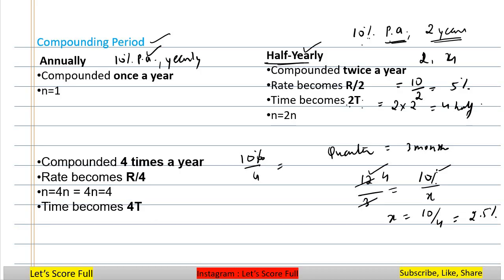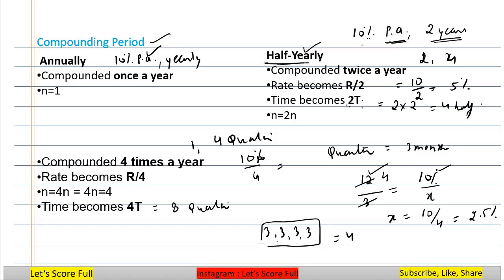And what will be the time period? In 1 year there are 4 quarters, correct? 4 quarters means 3 months, 3 months, 3 months and 3 months. So in 2 years it will be 8 quarters. Correct? So this is the compounding period.